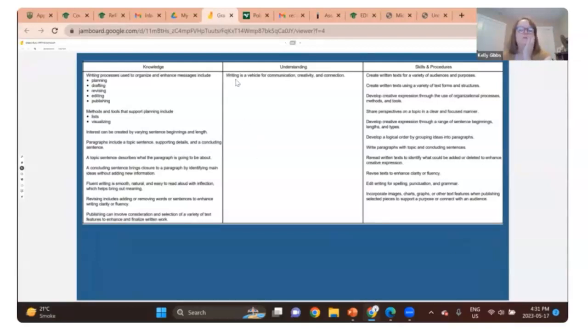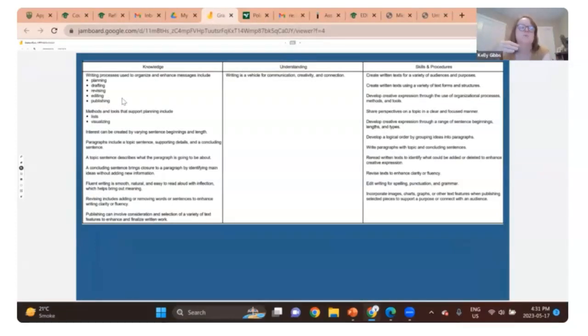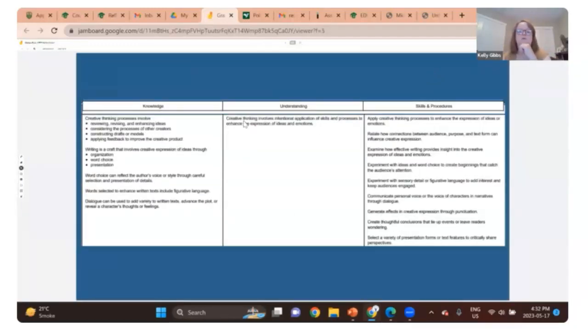So here it talks about writing as a vehicle for communication, creativity, and connection. So it's kind of similar. And then there's the writing processes again, except they're more specific. Writing processes used to organize and enhance messages include planning, drafting, revising, editing, and publishing. So it's not notable in grade 5 about the publishing piece of it. And then when we move on, here we talk about creative thinking involves intentional application of the skills and processes to enhance the expression of ideas and emotions.